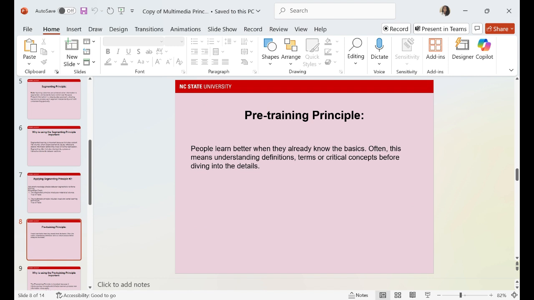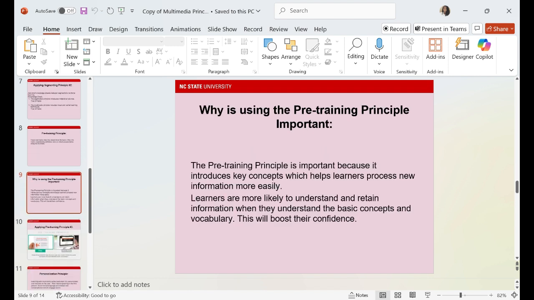Very important, because adult learners, we bring our experience with us when we come to, for instance, a new organization or even a new class. And we want to be able to feel like we have some sort of understanding of what we're about to learn. So, why is the pre-training principle important?